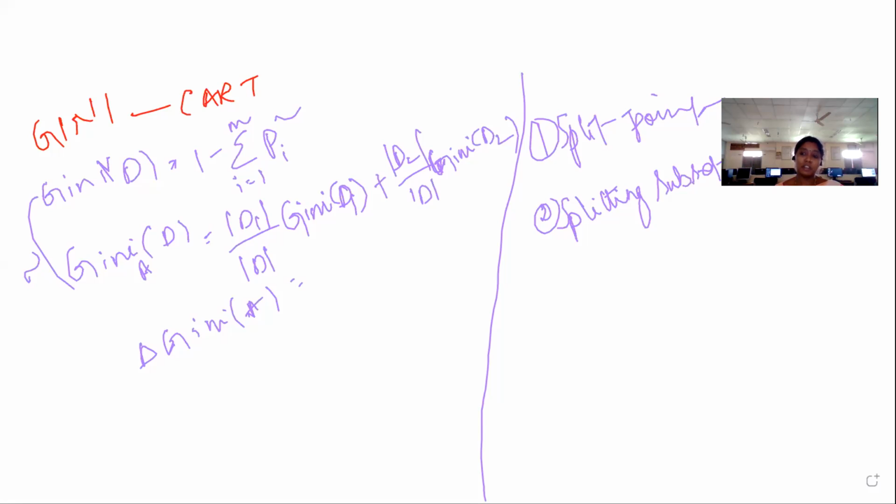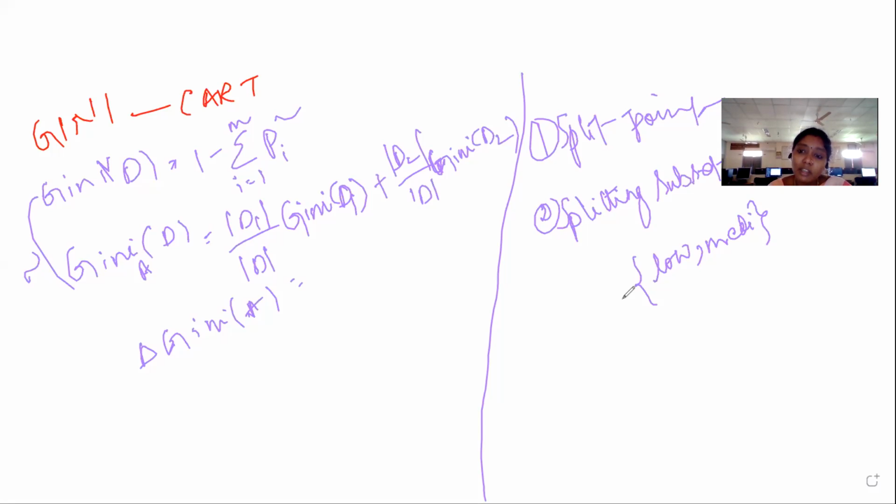Even if the attribute consists of discrete values, but a binary tree needs to be generated, then we need to go for the splitting subset, where a set of values for that attribute are formed as a set, and the branching takes place depending on whether the attribute's value belongs to that set or not. For example, if the set is income, low, medium, the income values low and medium form this set.